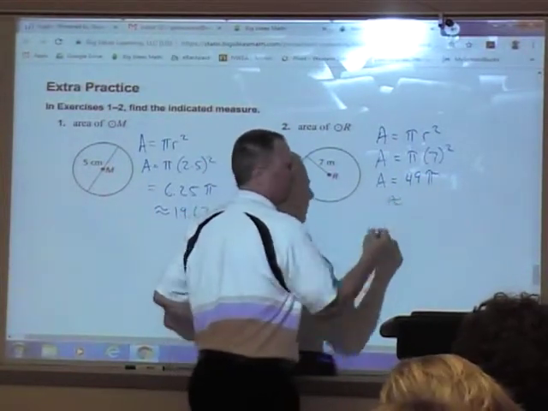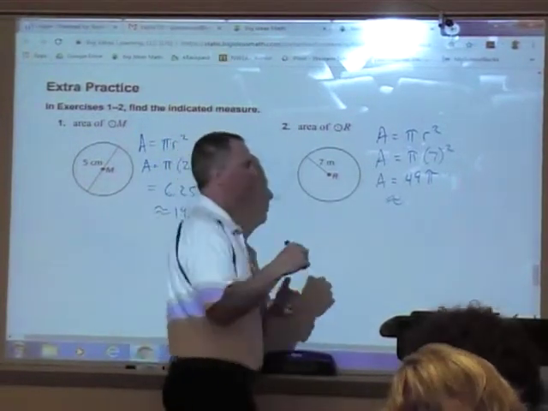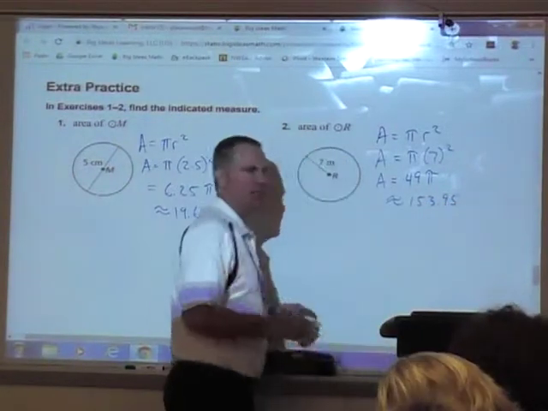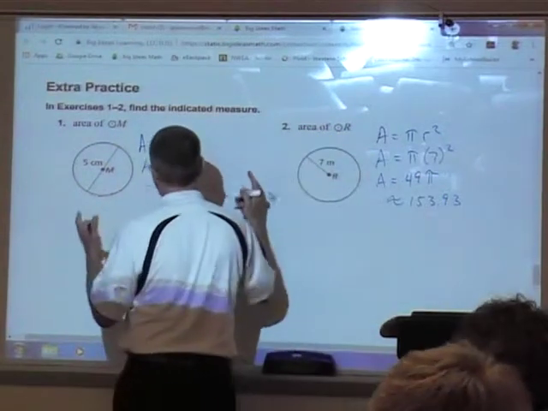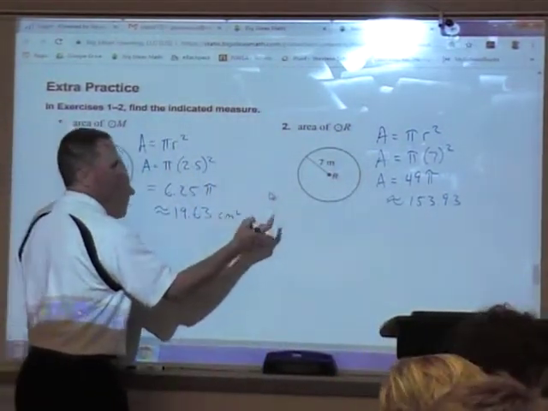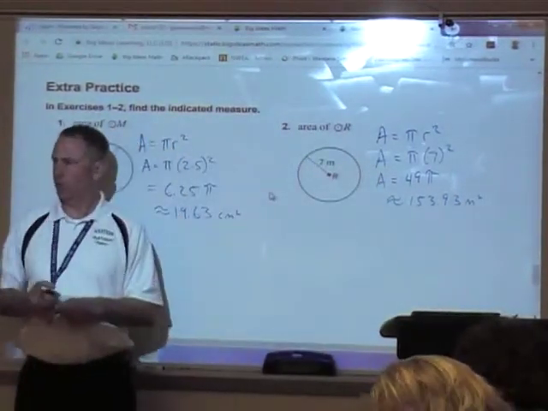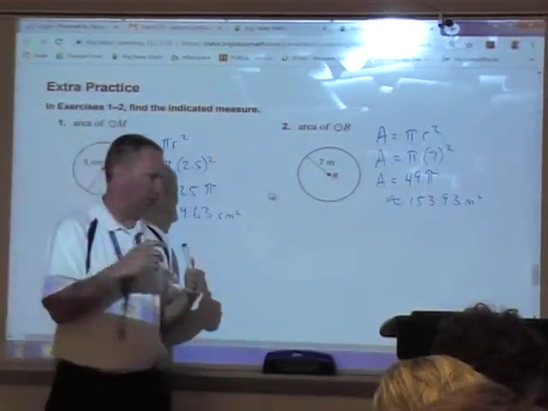And the rounded answer then would be, what you got, 153.95. Is that correct, everybody? That sounds right. All right, now, units. We're dealing with area here, so this is going to be centimeters squared, and this is going to be meters squared. Square meters, square centimeters. All right, so let's try to make sure we got those units down.